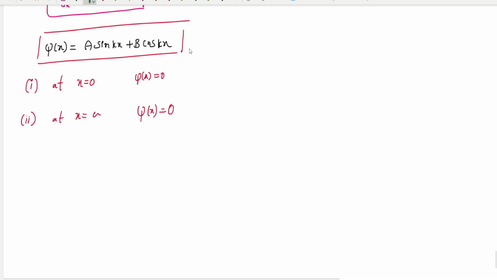If you apply the first boundary condition, x is equal to 0, sin 0 is equal to 0, cos 0 is equal to 1.